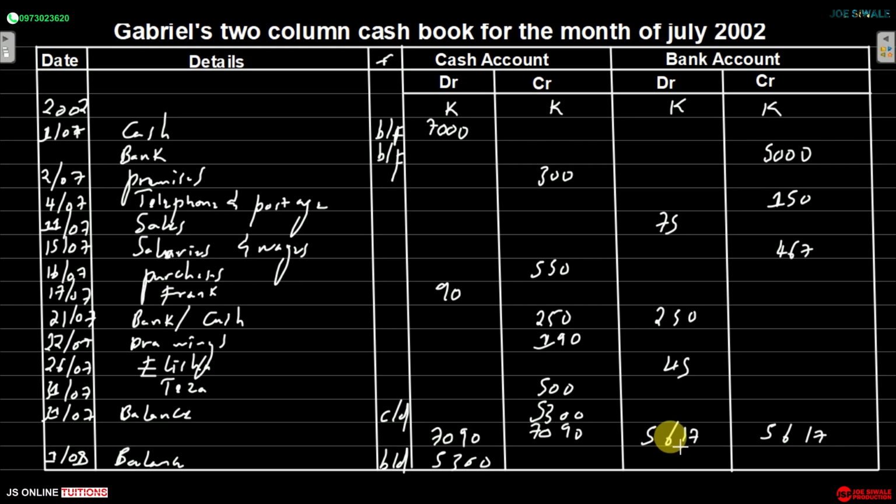So the answer that I'm having is 5247. And to bring it down, to find our balance carried down here, we're going to record it on the credit side as 5247. So that's how you can draw up the 2-column cash book.